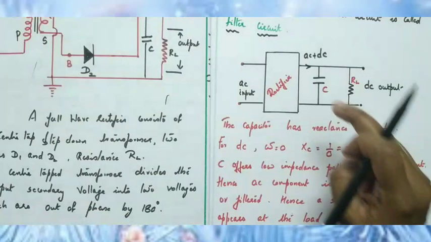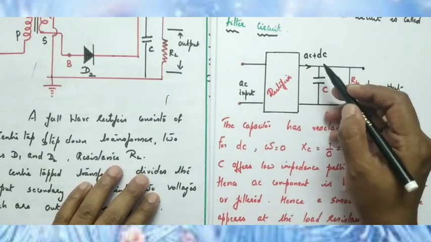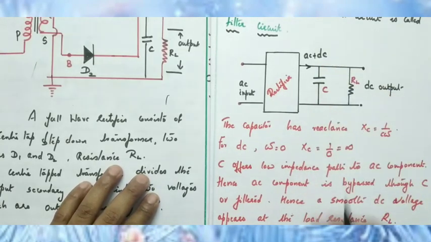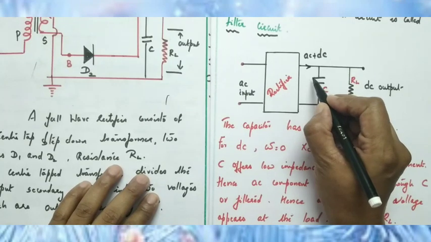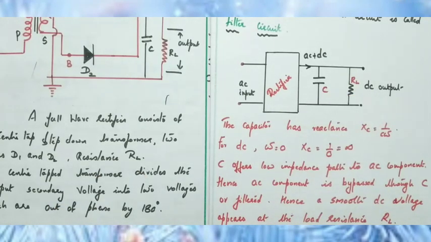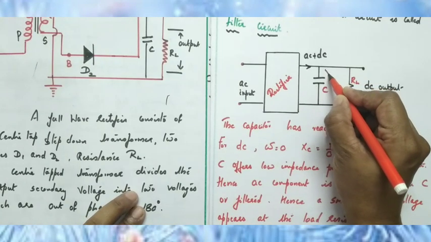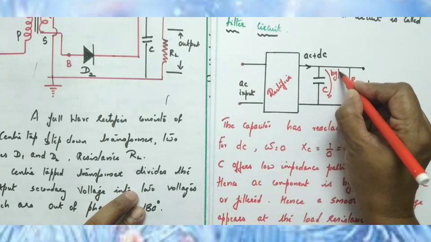Now, the capacitor allows AC to pass through. So here the capacitor bypasses the AC component.